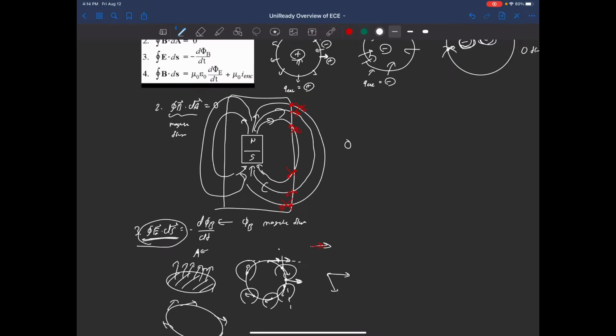Equation number 4 is essentially the same thing as equation number 3, but you have the magnetic field and the electric field reversed in terms of what they do in the equation. So you have this, which is just the same thing as this left side on equation number 3, but now you have the magnetic field instead.